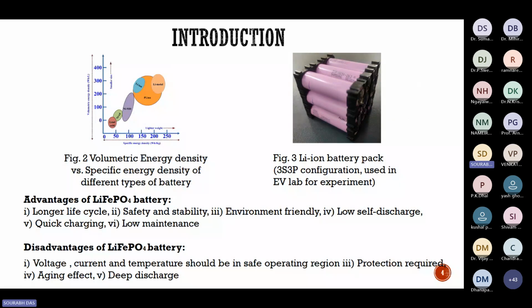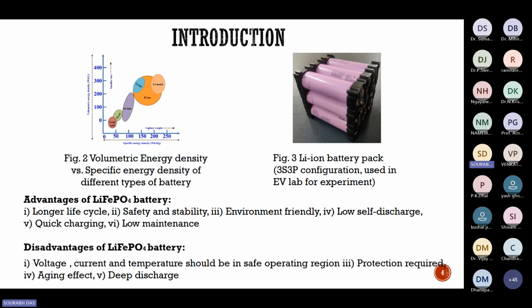Now, what we can see in figure 2 is that we can plot the volumetric energy density against the specific energy density. So what is volumetric energy density? Volumetric energy density is the watt hour per liter, meaning in 1 liter of volume how much watt hour can be taken from the battery.